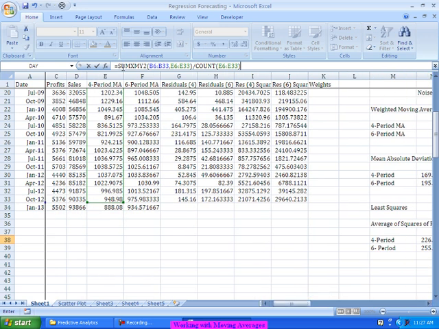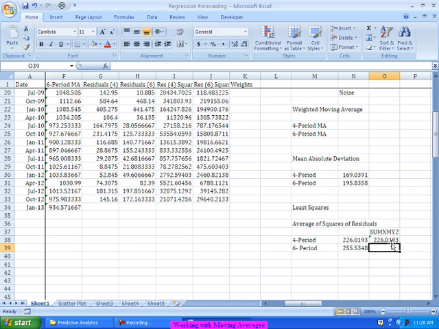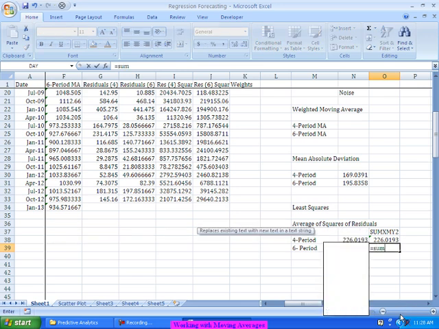But I require the square root of the entire thing. I could have stopped without taking the square root, because I can compare at the square level also, but the more appropriate approach is taking the square root. And now we see we have got the same answer which we got after finding the residual, squaring it, adding it, averaging it, and finally taking the square root.